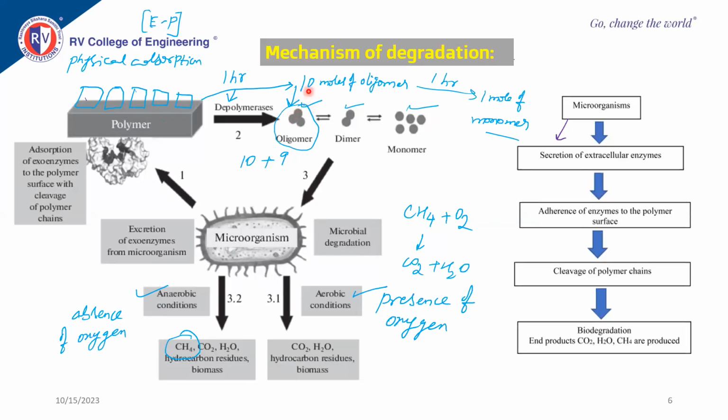Among the 10 moles of oligomer, if only 1 mole of monomer is obtained in 1 hour, then 9 moles of oligomer will remain as it is in the next 1 hour, and during that time, new oligomers also come. So the rate of accumulation of oligomer will be very high compared to the monomer. This is a product. This is a byproduct. That is what it means.